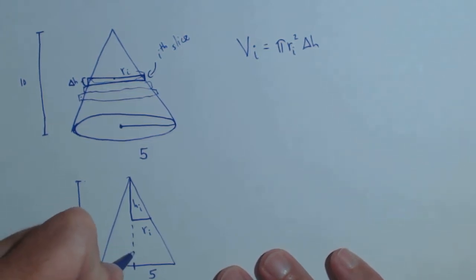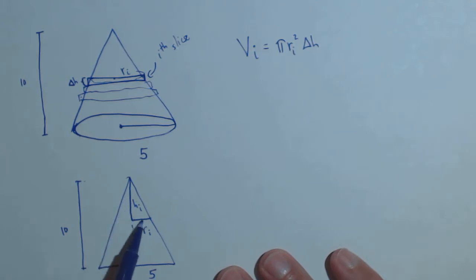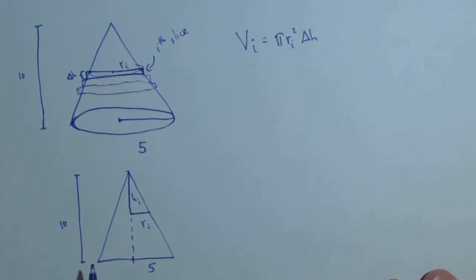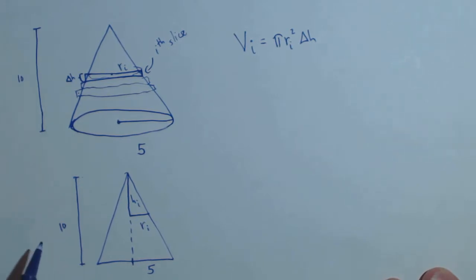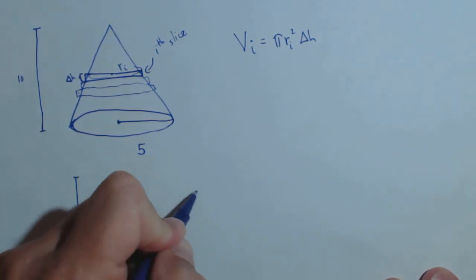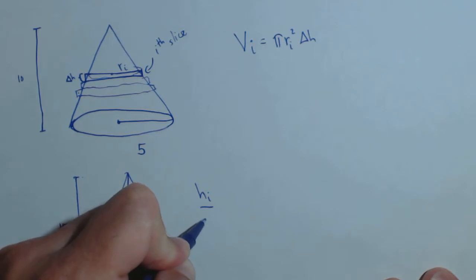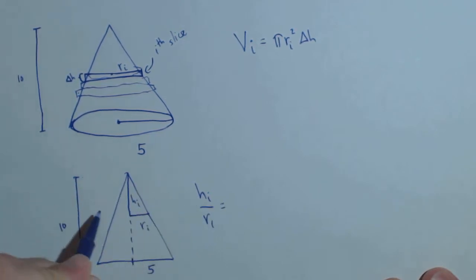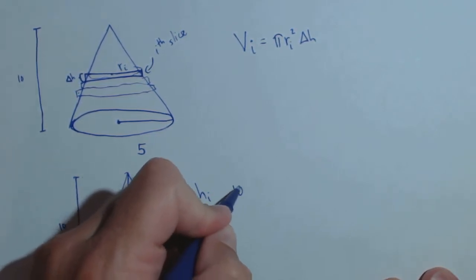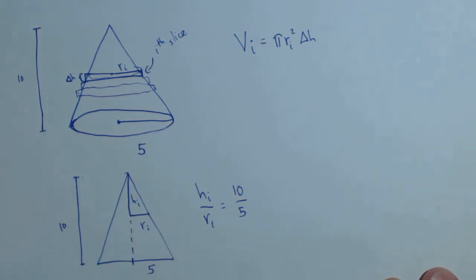If I draw a line all the way down, notice I have similar triangles. That comes up a lot when we're dealing with slices. So I know that h sub i is to r sub i as 10 is to 5.